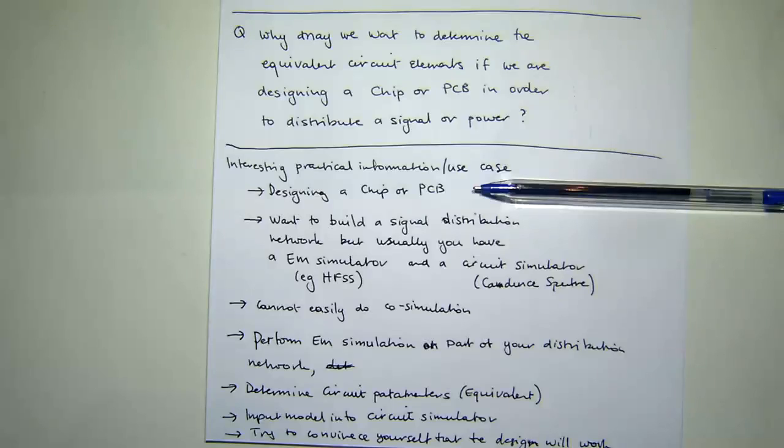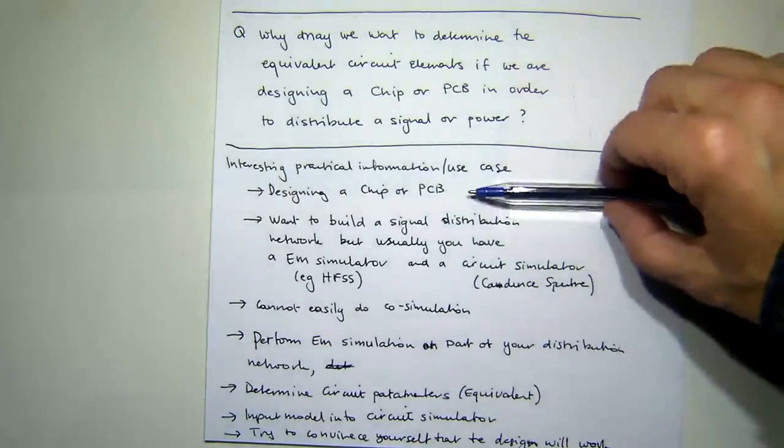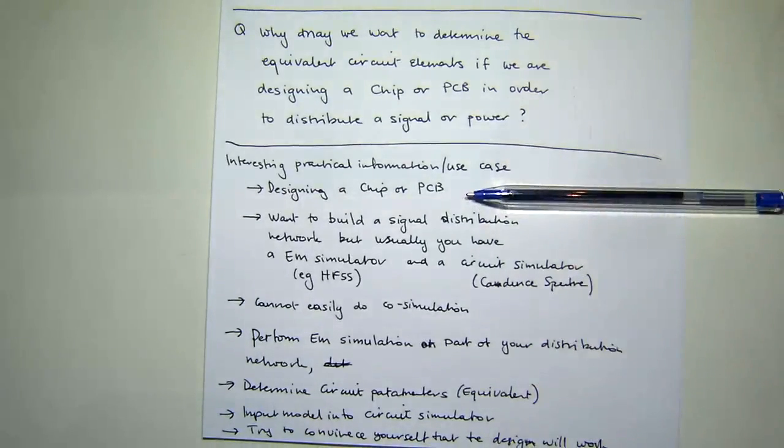So essentially, if you wanted to design your PCB and you said, I need a transmission line, you can't arbitrarily just use one or the other in order to do your full design.